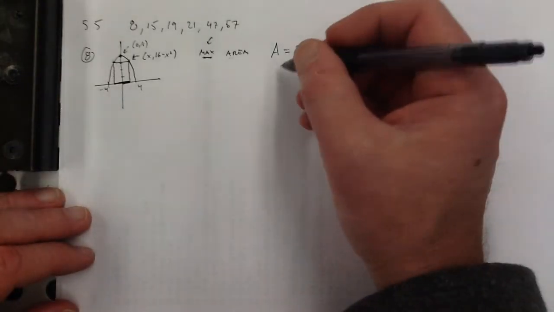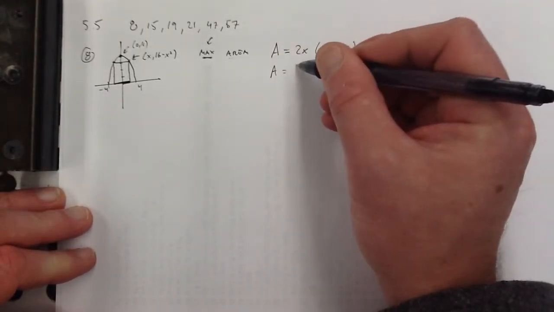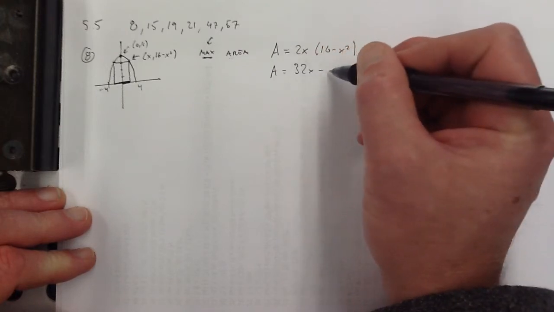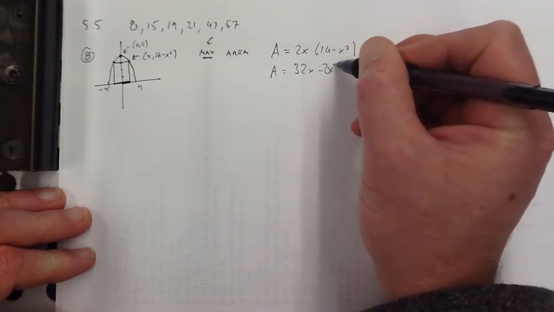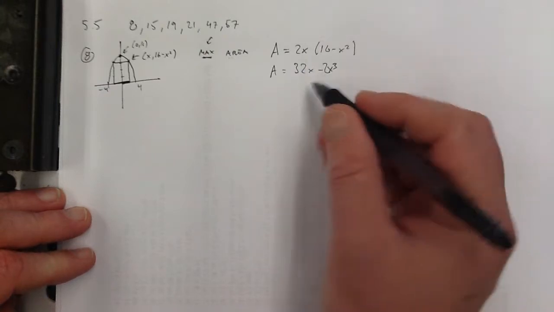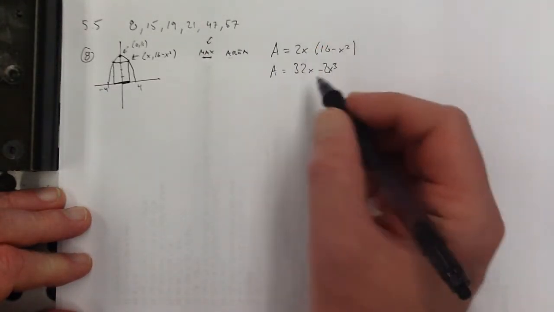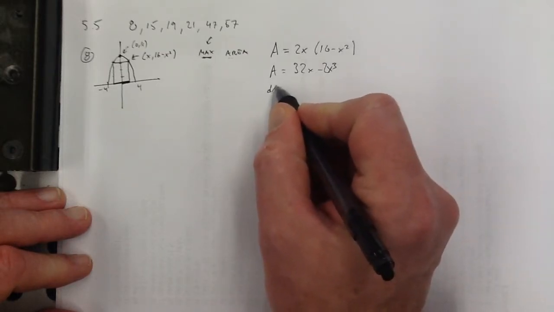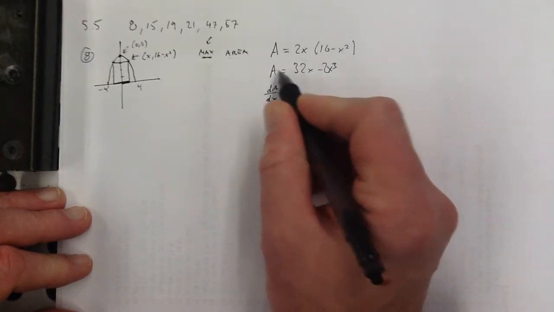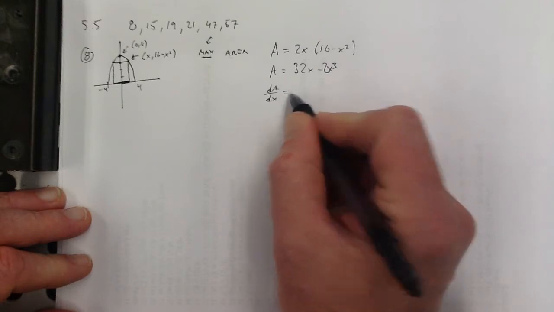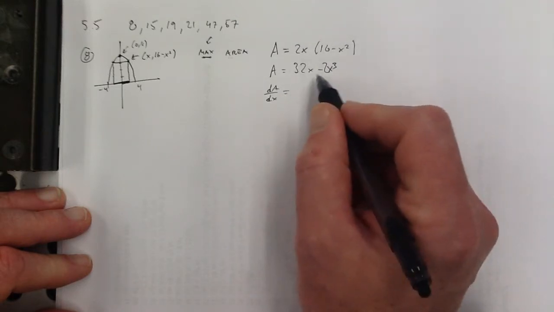That's all. And I'm going to go ahead and distribute, because I know how to do that. And it makes calculus easier. So when I take the derivative of this, now, you could just call it A prime. I think I would rather call it dA/dx to just correctly acknowledge the variables involved.